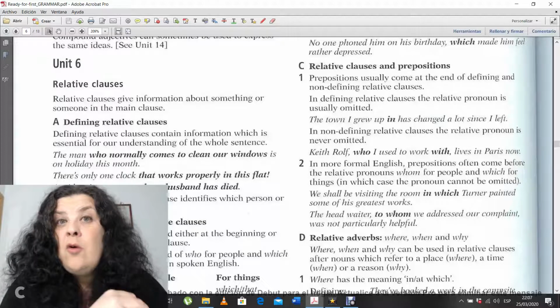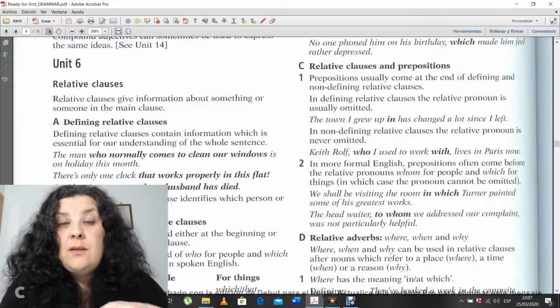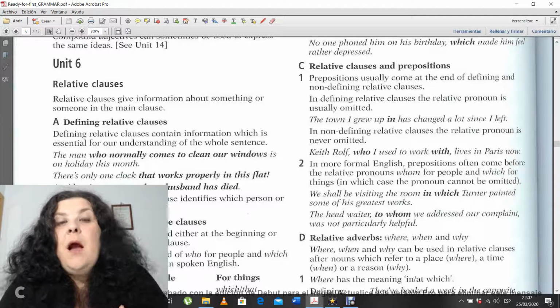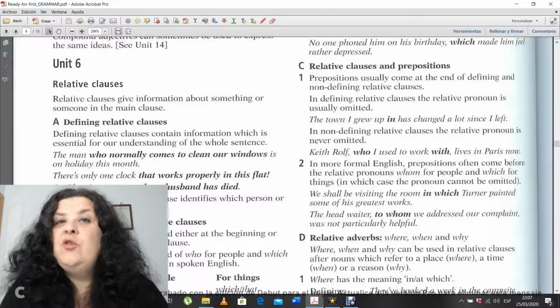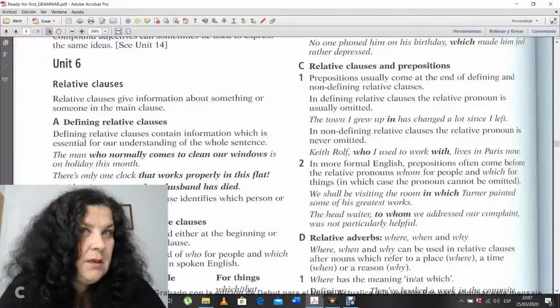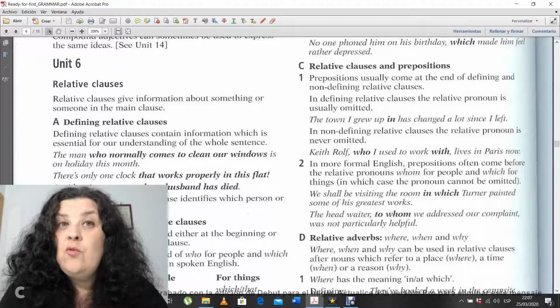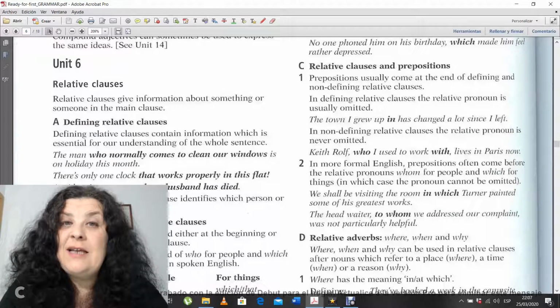If you take them out, we still know what we are talking about. And those ones are the ones that go between commas. Why? Because they are an extra explanation, right? They are not essential to understand the rest of the sentence. So remember, those ones are the ones that go between commas, and also in those ones you cannot use that.